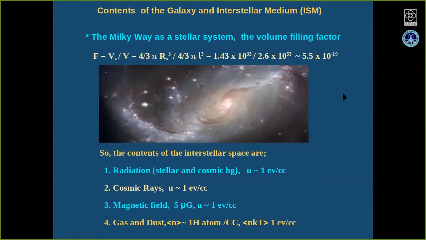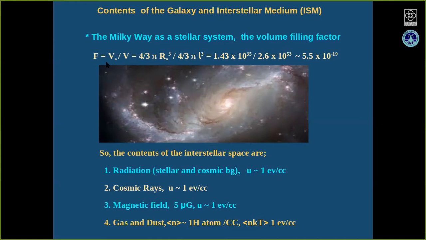So if we consider that our Milky Way is a stellar system made of only stars, what will be the volume filling factor? You can calculate it. This F is nothing but the volume filling factor. V star is the volume of the sun-like stars, and V is the volume of our Milky Way galaxy.